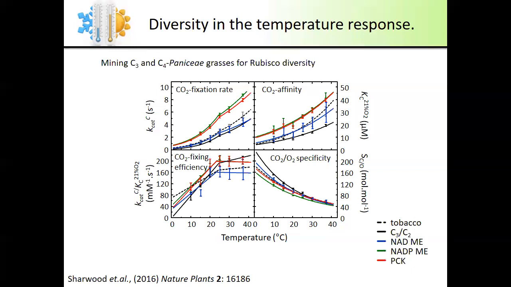All I want you to take home is that you can see there's a dramatic difference in their catalytic properties and how they vary with temperature. And if you take all these kinetics and put them into the photosynthetic models, you can find some examples, such as different types of plants from the NADP-ME lineage of C4 plants, which may provide a benefit to C3 plants at high temperatures.